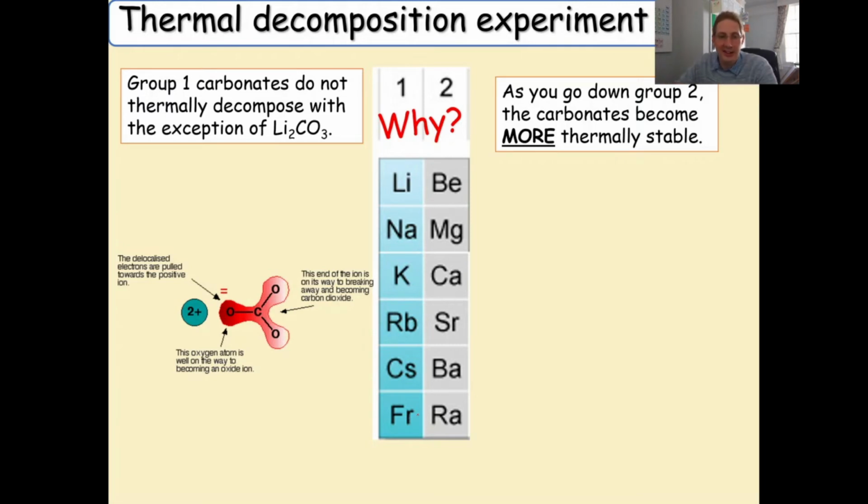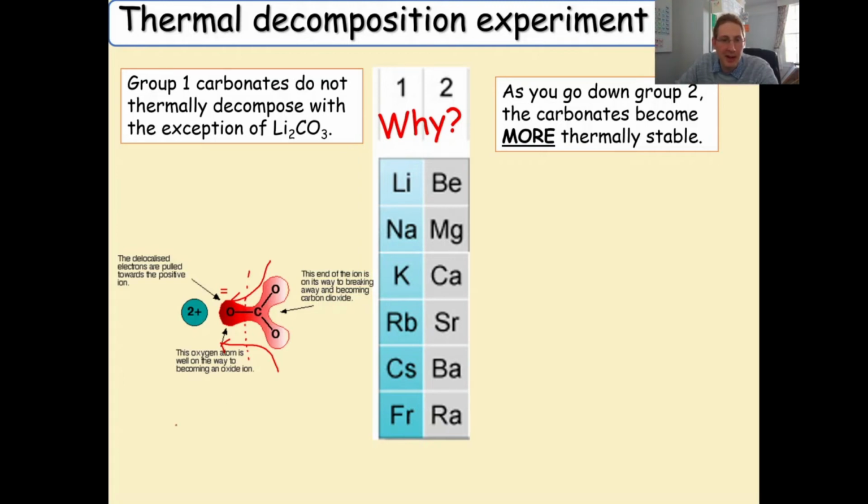The fact is that a small ion like magnesium is able to pull the electron density from the carbonate towards one of the oxygens. And this oxygen begins to split off from the rest of the carbonate. So as it says here, this end of the ion is on its way to breaking away and becoming carbon dioxide.